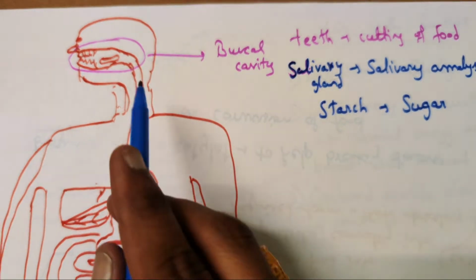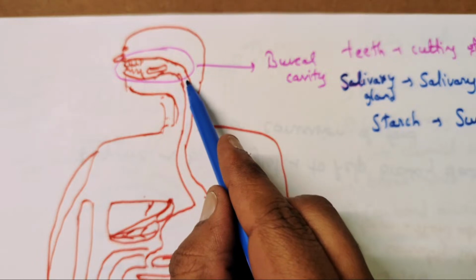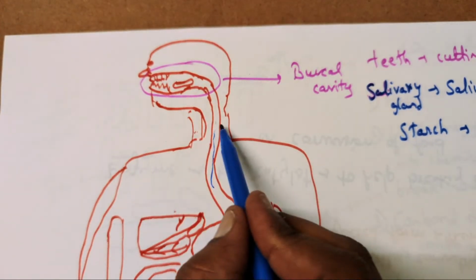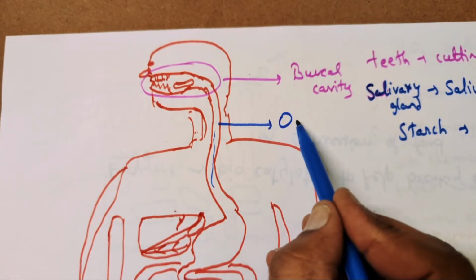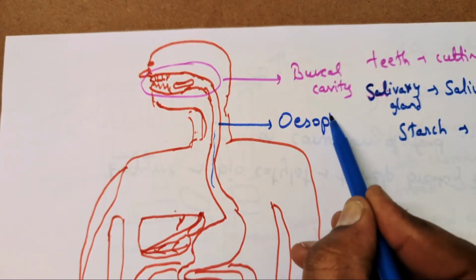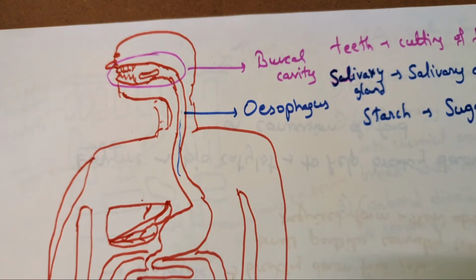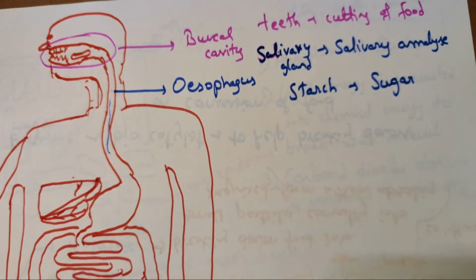And second, from here the food now enters this long pipe, and we call this pipe the esophagus. So what is the esophagus? It's a long pipe which is connecting mouth and stomach.